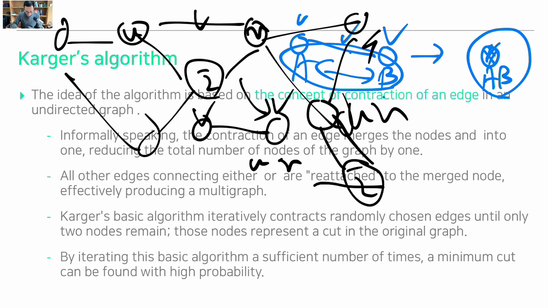By iterating this basic algorithm a sufficient number of times, the minimum cut can be found with high probability. So we just rely on high probability. That's why it is called a randomized algorithm. But we expect much better than just randomly choosing the partition. We expect the probability of finding the minimum cut to be better than a random choice.